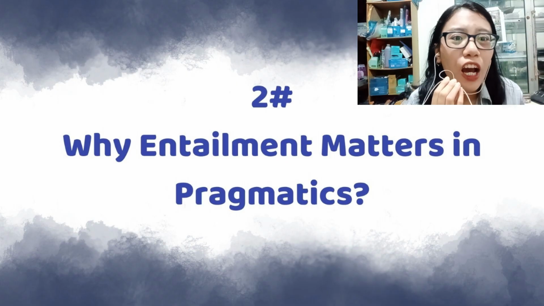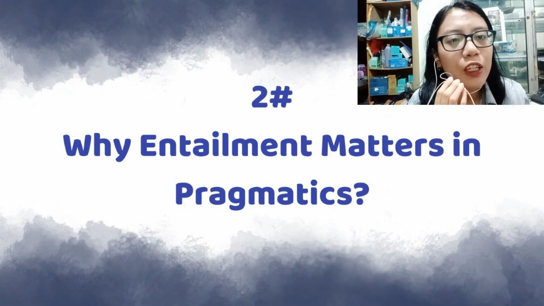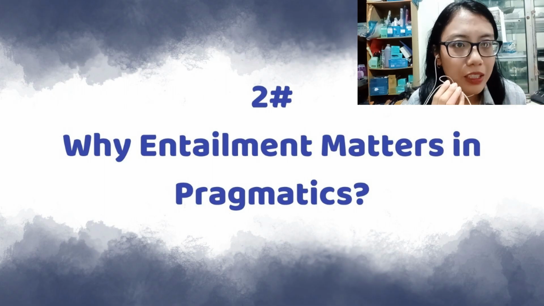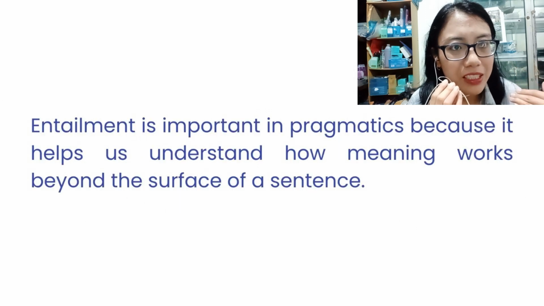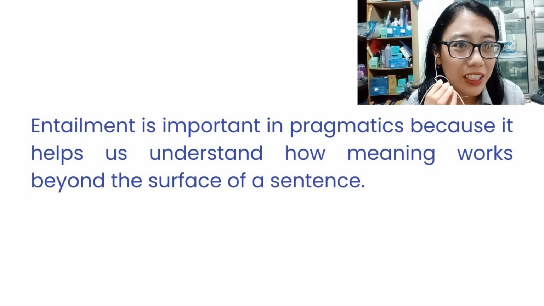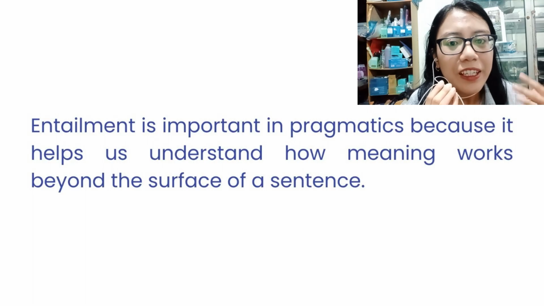In this section, I will give you some information about why entailment matters in pragmatics. First, entailment is important in pragmatics because it helps us understand how meaning works beyond the surface of a sentence.